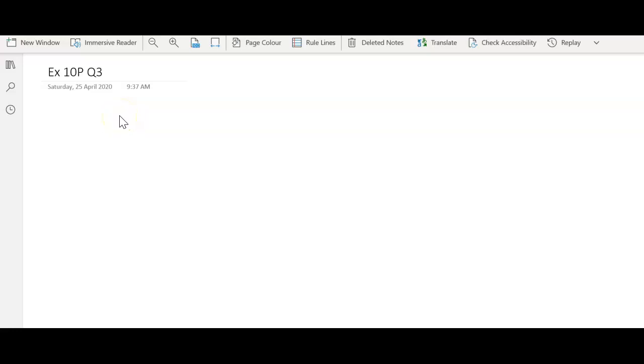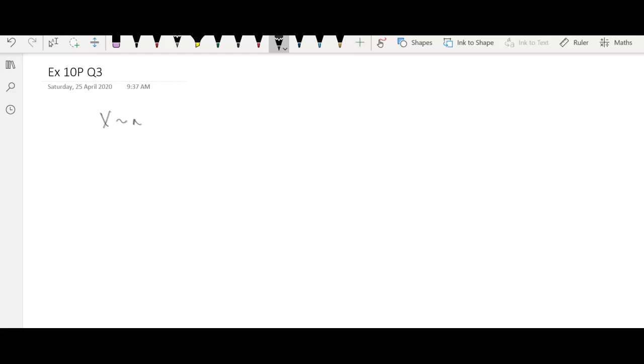All right, exercise 10p, question 3. So we've got a random variable x which is normally distributed, and we don't know the parameters.